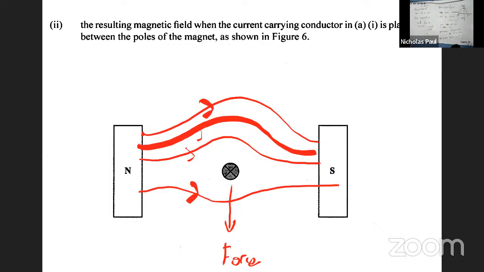All the field lines pushing it downwards. If it goes upwards, you just switch the field lines around, right? Next part.